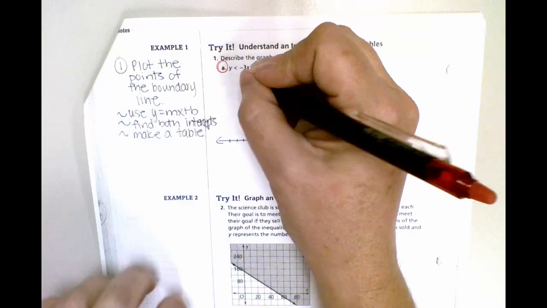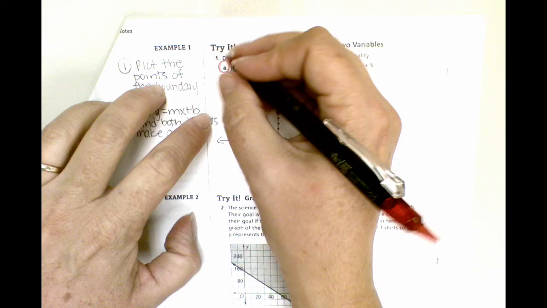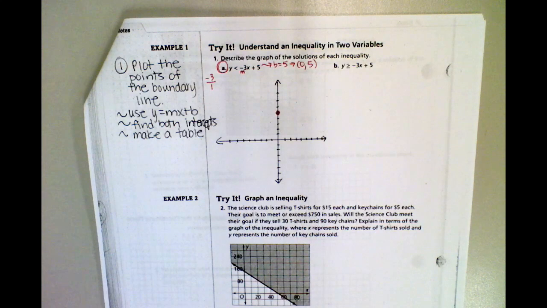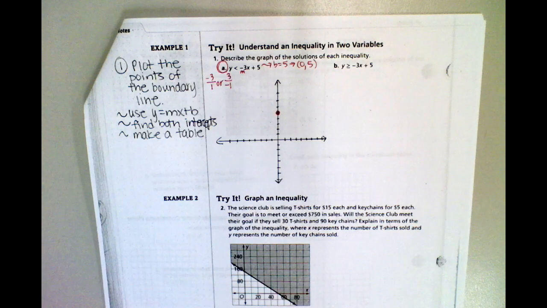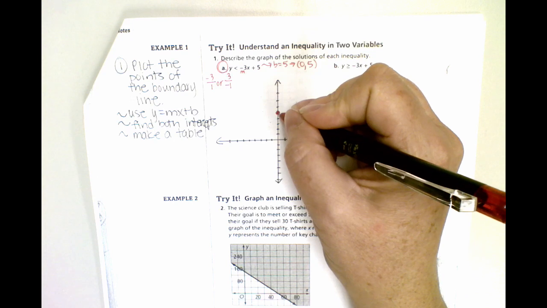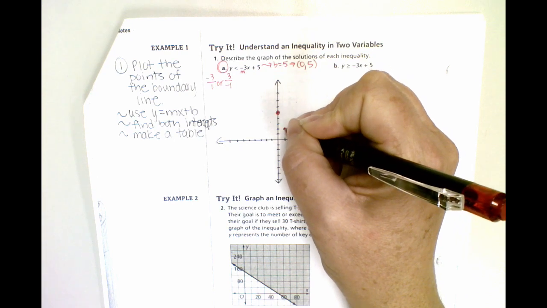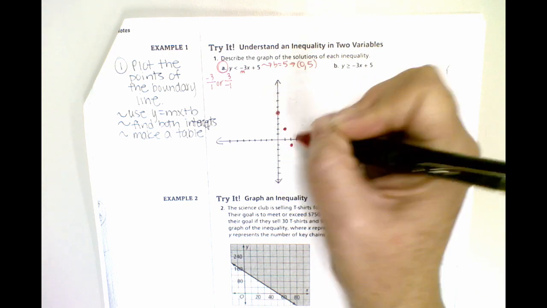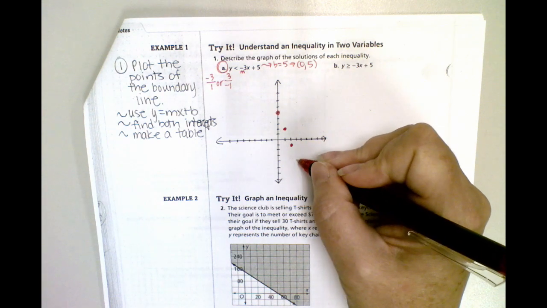Then I can see that my m is negative 3. So that means that I have a rise over run of negative 3 over positive 1 or positive 3 over negative 1. Negative 3 over positive 1 would mean to move down 3, right 1, and then continue down 3, right 1, down 3, right 1.